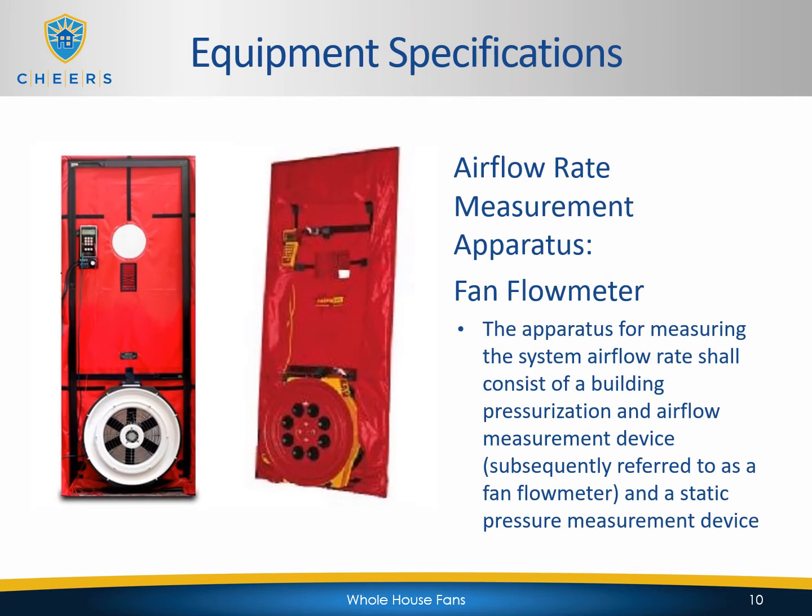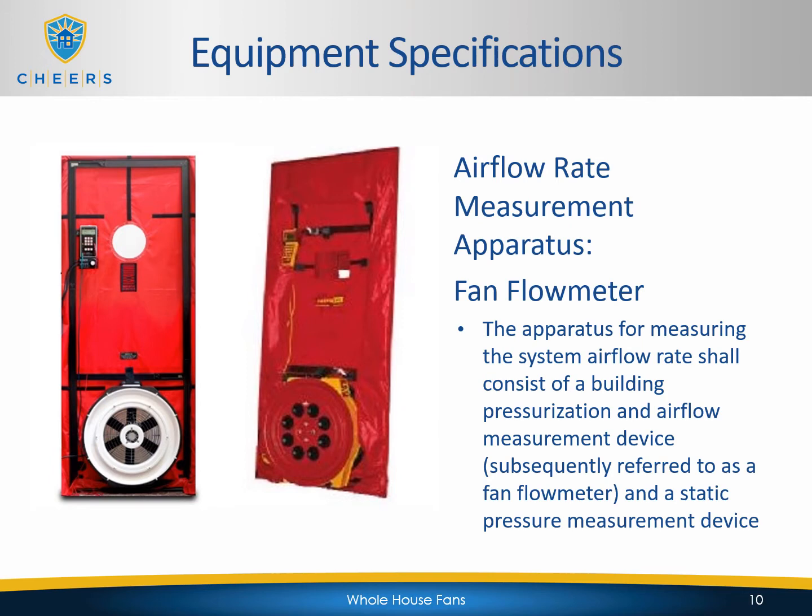Airflow rate measurement apparatus, the fan flow meter. So the apparatus for measuring the system airflow rate shall consist of a building pressurization and airflow measurement device, subsequently referred to as a fan flow meter, and a static pressure measurement device. So what we see here is more commonly referred to as a blower door.